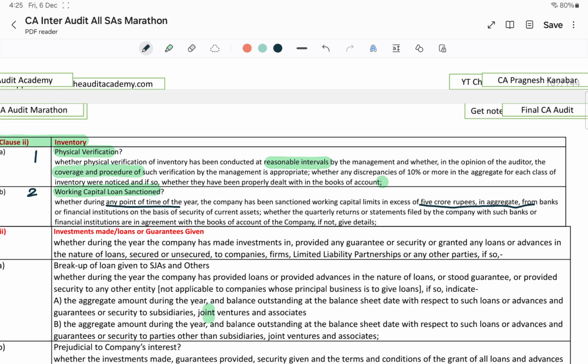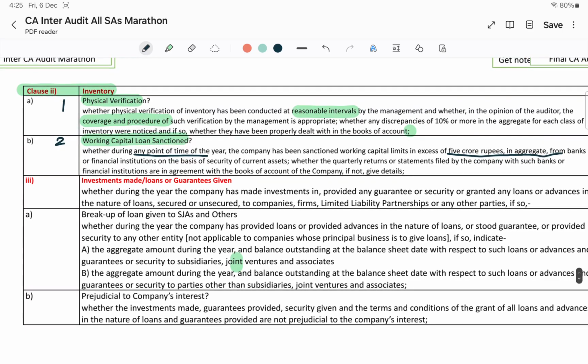Whether the quarterly returns or the statements filed by the company with such bank or financial institution are in agreement with the books of account of the company. If not, give details.